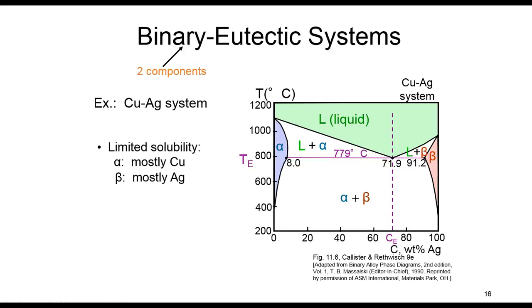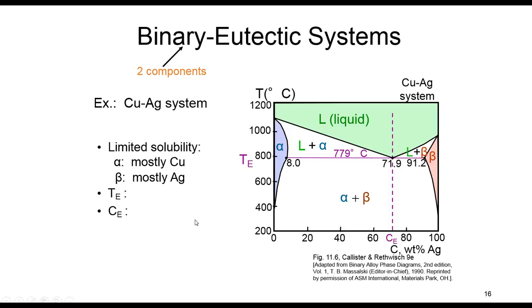Here, the eutectic temperature is the melting temperature, which is close to 800 degrees Celsius, and there is no liquid below this temperature, the eutectic temperature. And the composition at temperature TE, or eutectic temperature, is known as CE, the eutectic composition.